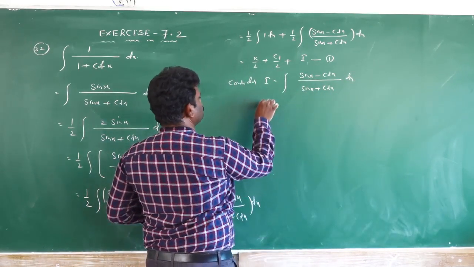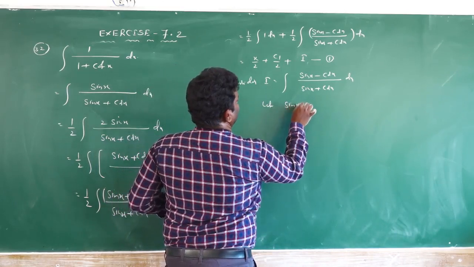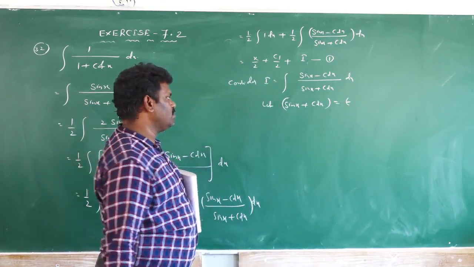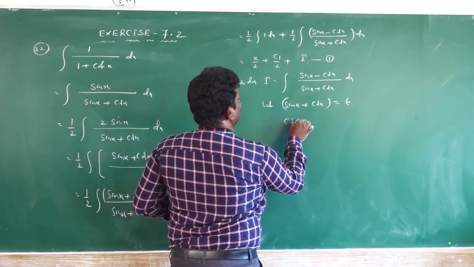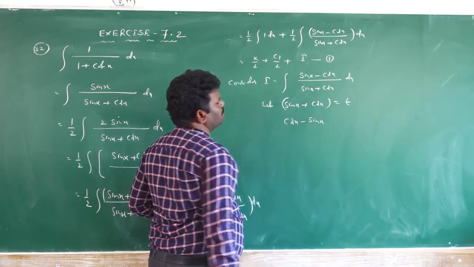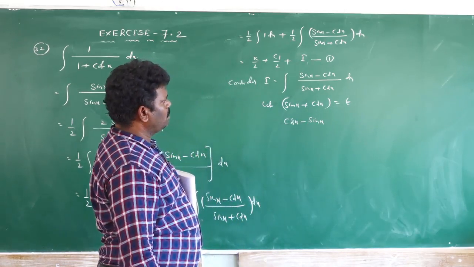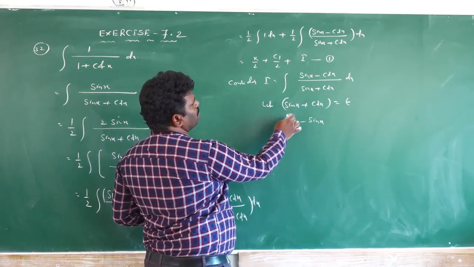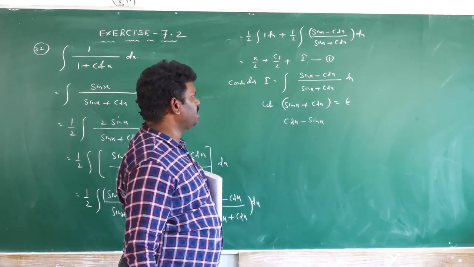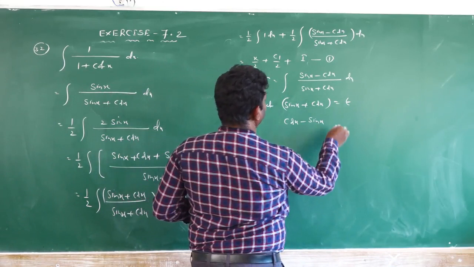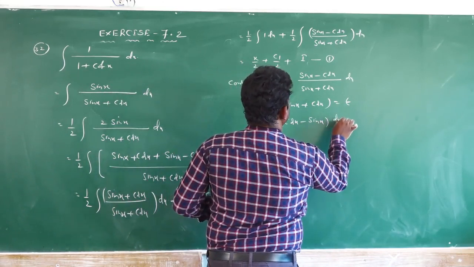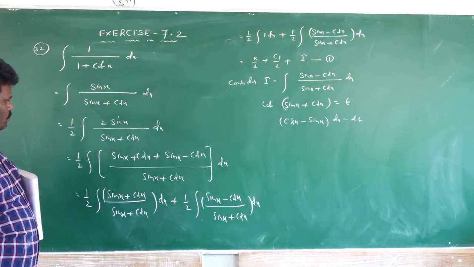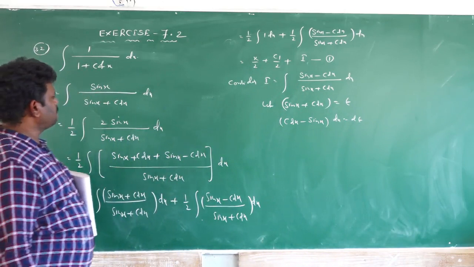Here we take the substitution: let sin x plus cos x equal t. Now the derivative: sin x derivative is cos x, cos x derivative is minus sin x, so dt is equal to cos x minus sin x dx.